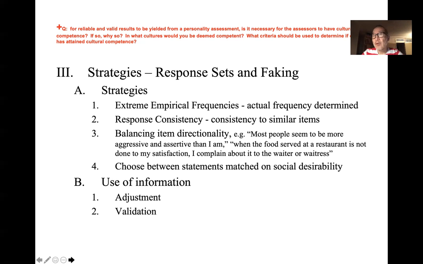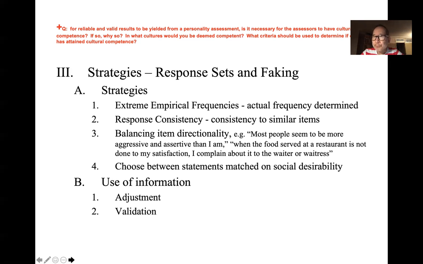Now, with these four strategies, what do you do with the data in the test that you got from the examinee's responses, when you find these patterns going one way or the other? The test, as it's scoring, will either adjust scores, either increasing or decreasing scores along different scales, or the test can inform the examiner whether the patterns suggest an invalid or valid profile.